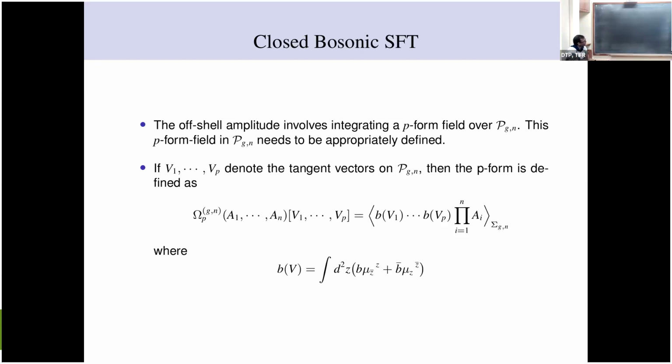Because of this B insertion, the integrated ones appear after you contract with B. Because there is a B, it will kill the C present in this Ai, so it is not integrated. On the sphere there would be three fewer B's than vertex operators. Exactly.